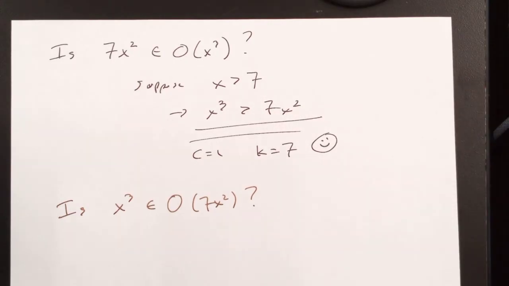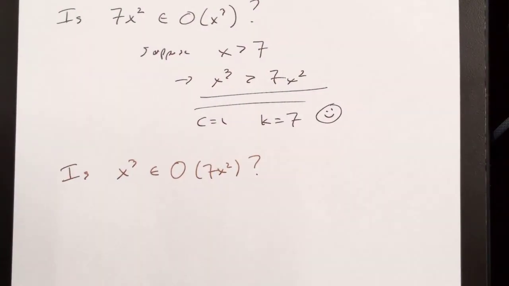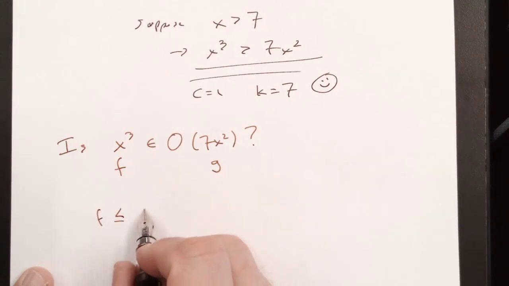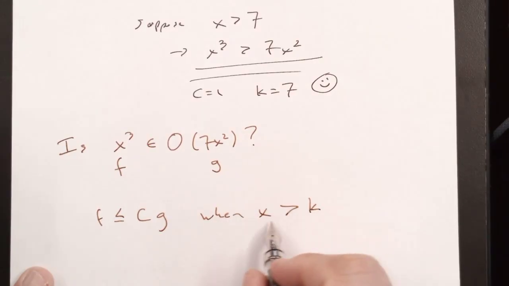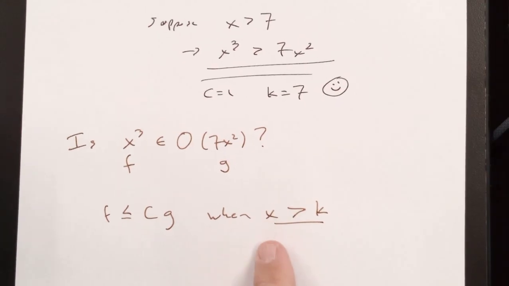Okay. But then I won't have a witness in the correct orientation. Remember, I need to know that this is true for all x bigger than some number, right? Let's go back to the witnesses. This is f, this is g. I want f to be less than or equal to c times g when x is bigger than k. It's got to be from some point on. And if you reverse it, then you're telling me it's only true for x less than 7. That's not the right direction for a witness.